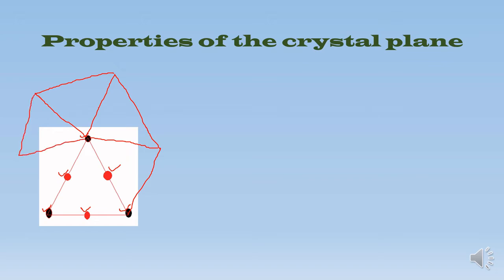And another 111 plane here like this. Now we talk about the atomic contribution of this 111 plane. So we saw in this figure that these all are the possible 111 planes passing through this point.